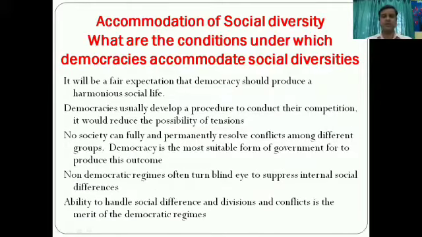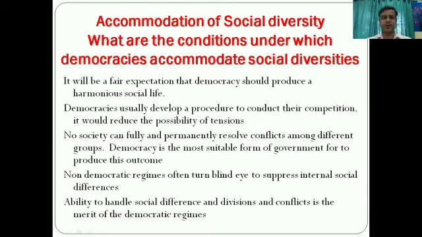Now, accommodation of social diversity. What are the conditions under which democracies accommodate social diversity? It is a fair expectation that democracy should produce a harmonious social life. Democracies usually develop a procedure to conduct their competition. It would reduce the possibility of tension. No society can fully and permanently resolve conflict among different groups.